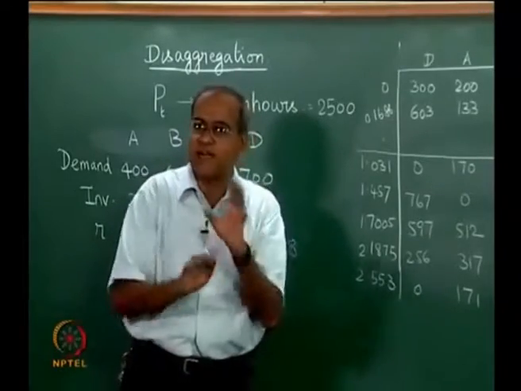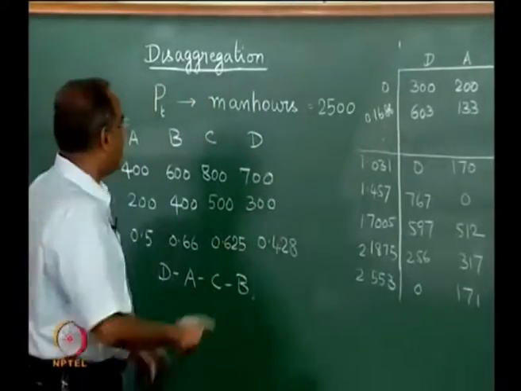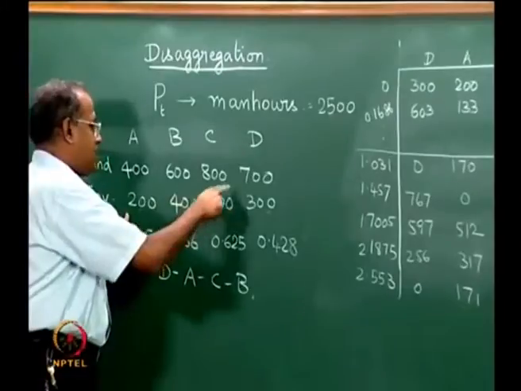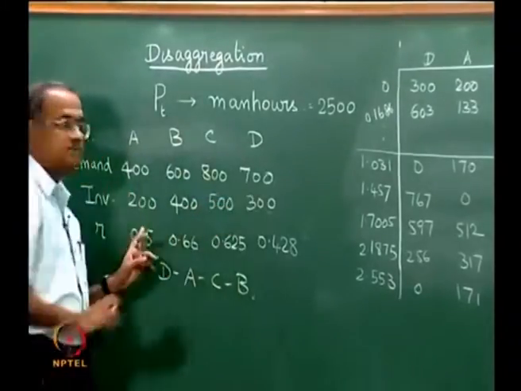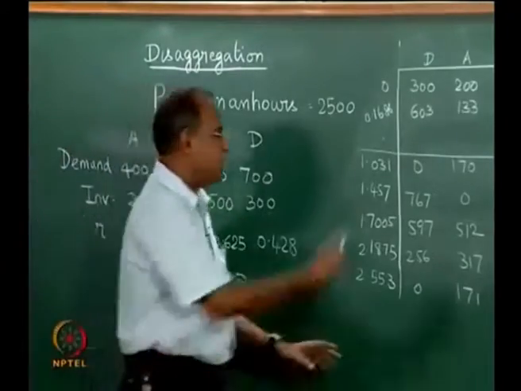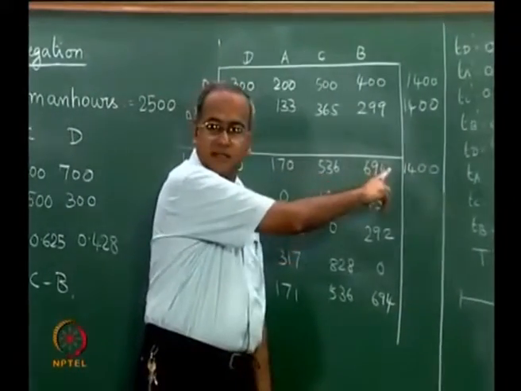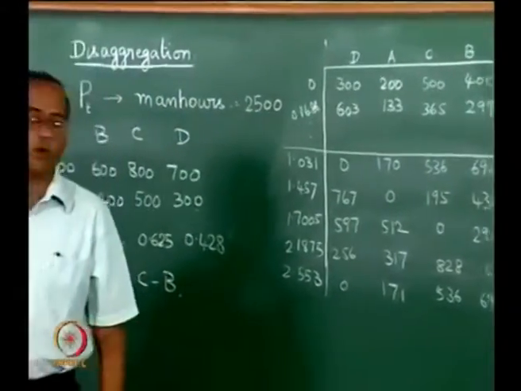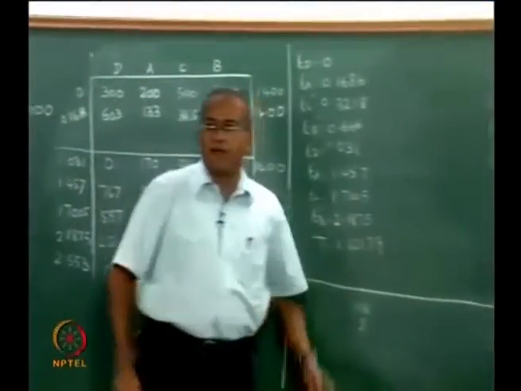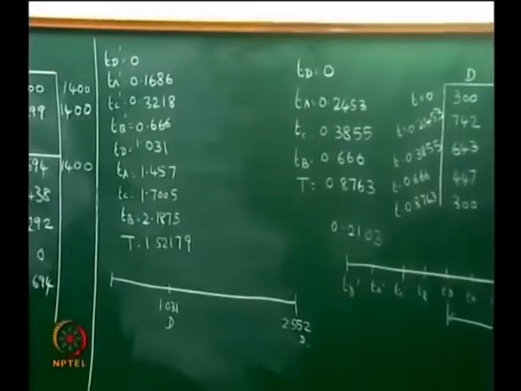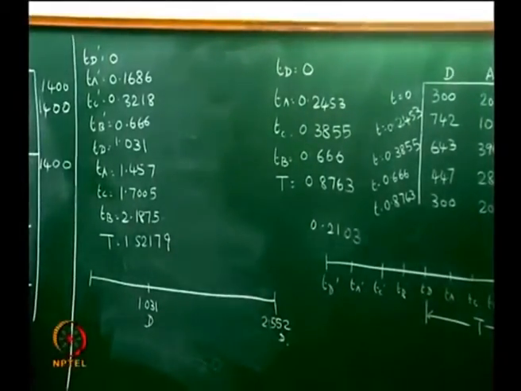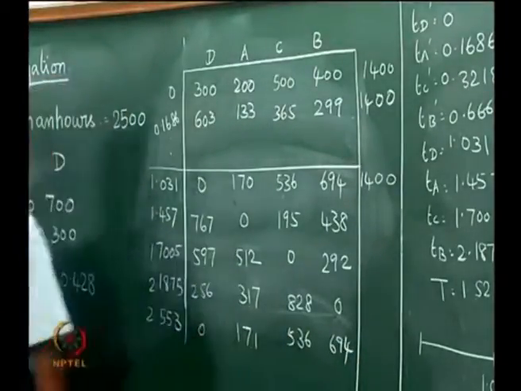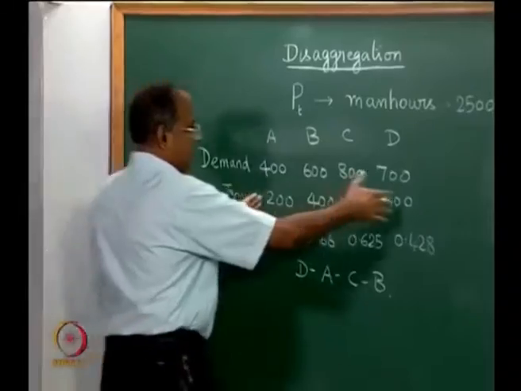So what we have effectively done, through the second problem, is redistribute this 1400 which was at 200, 400, 500, 300. Now that has been redistributed to 0, 170, 536, 694 to add up to 1400, so that the cycle time T can be made as large as possible. So there are two aspects to this problem. One is obviously that the cycle T depends on the total amount of inventory that you have.